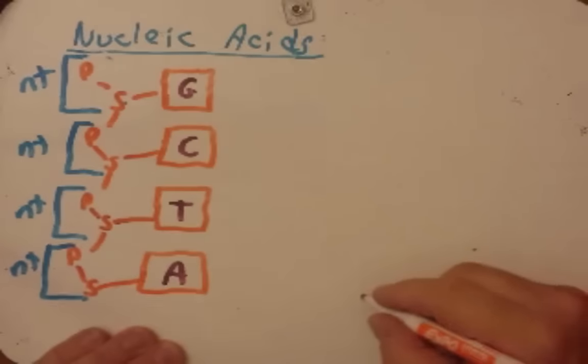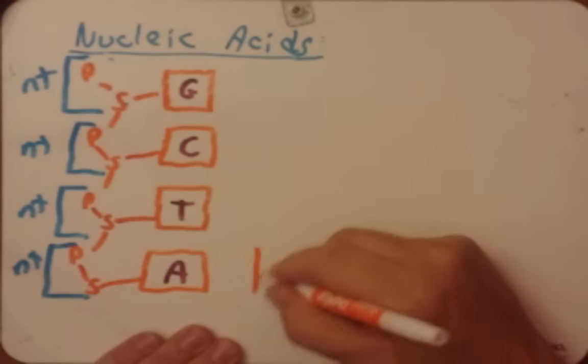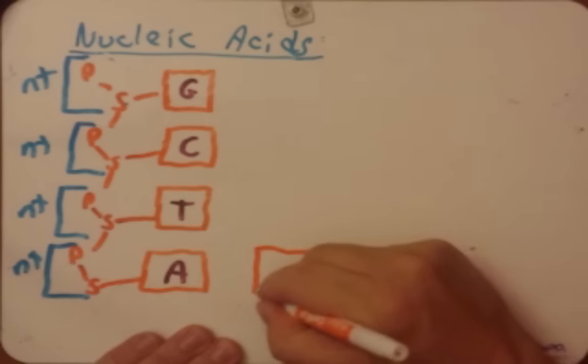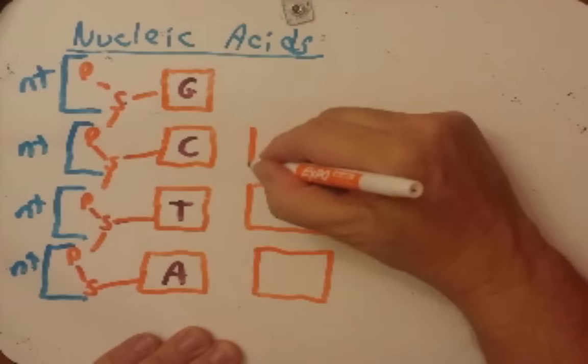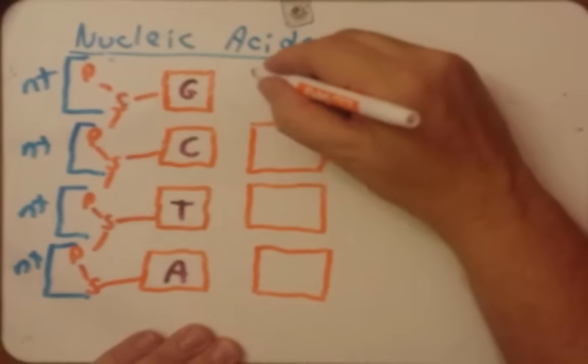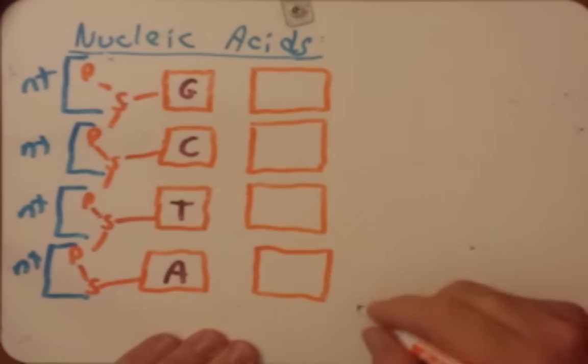Alright, I'm going to draw the other strand of the nucleic acid to help construct the double helix. I'm going to draw the bases first. We'll learn more when we get into genetics, but the second strand goes backwards. You don't need to know why that's the case right now.